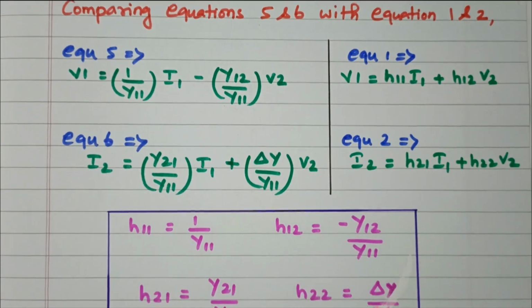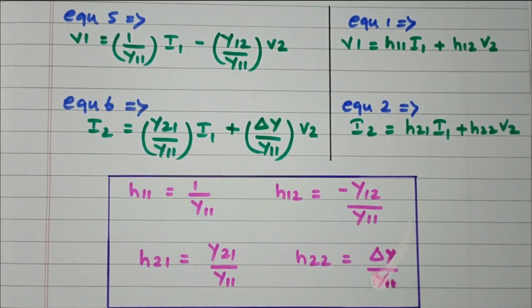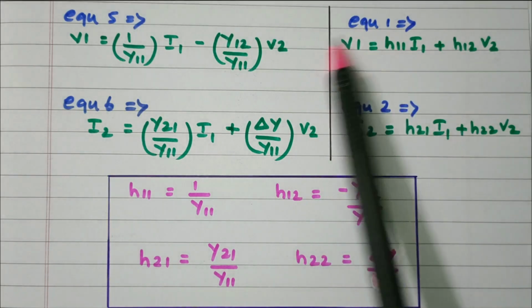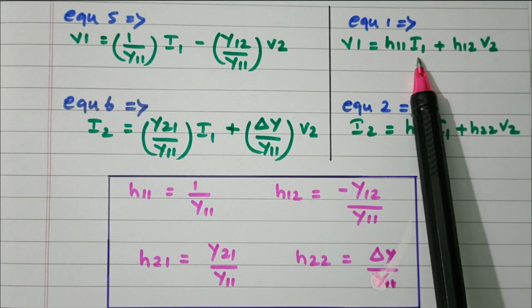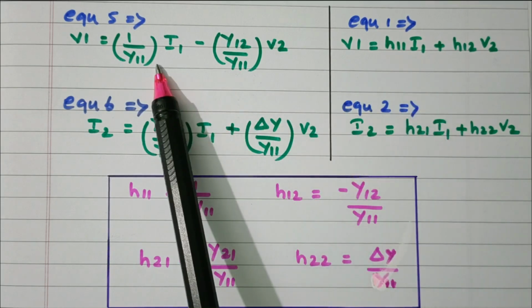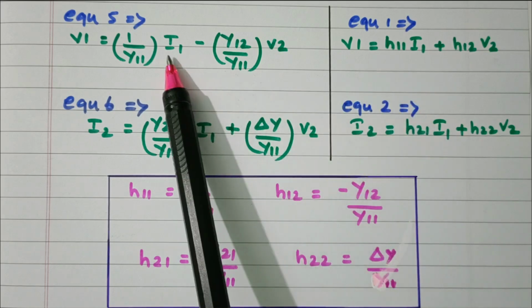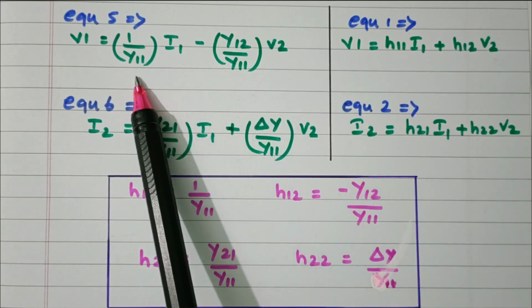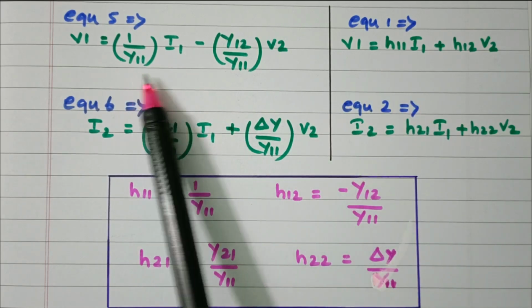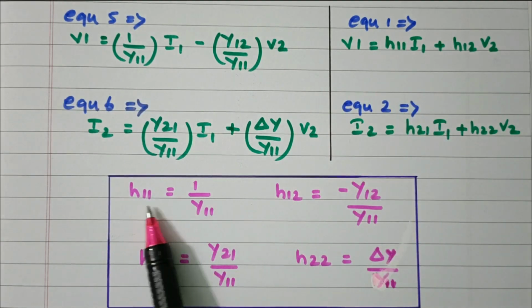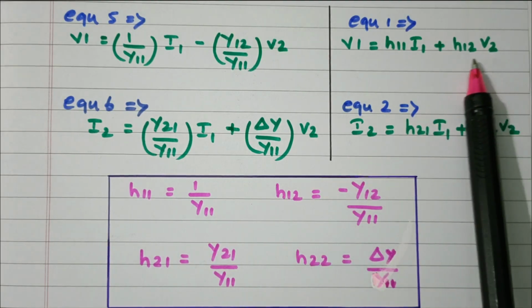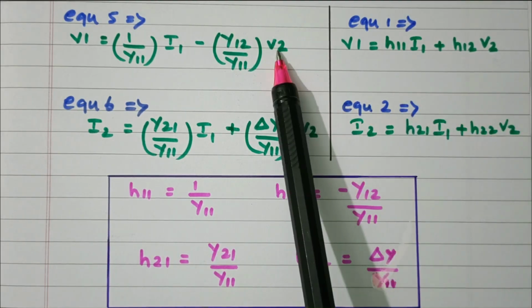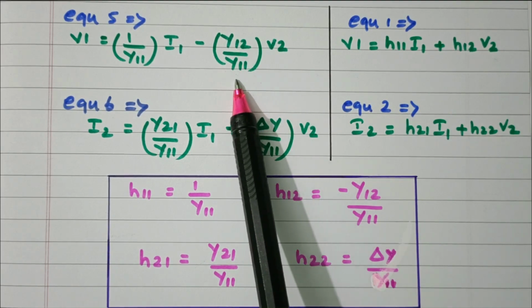Now we'll compare equation 1 with equation 5, because both are V1. The coefficient of I1 here is h11. Similarly the coefficient of I1 here is 1 divided by Y11. So both are equal: h11 equal to 1 divided by Y11. Similarly the coefficient of V2 is h12. Here the coefficient of V2 is Y12 divided by Y11.